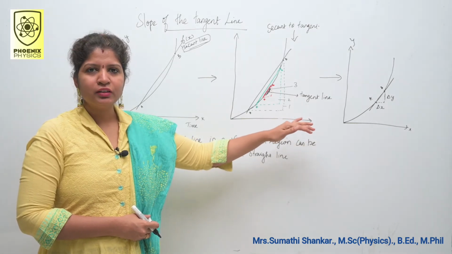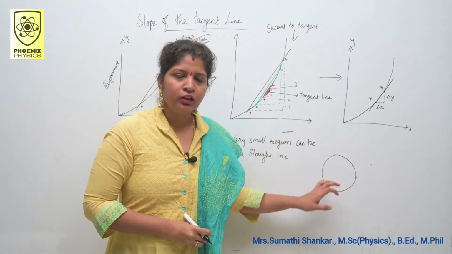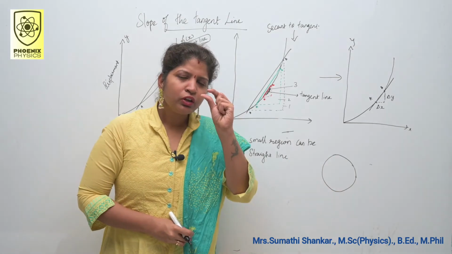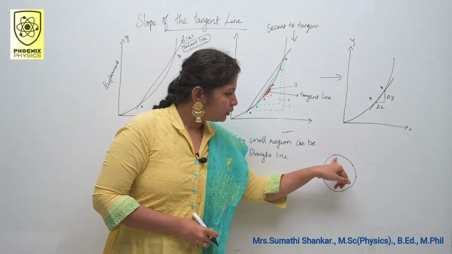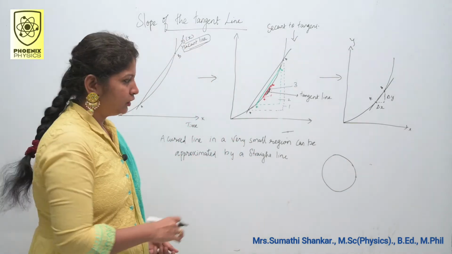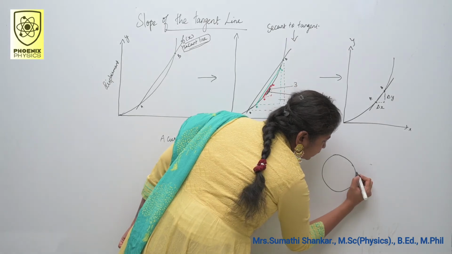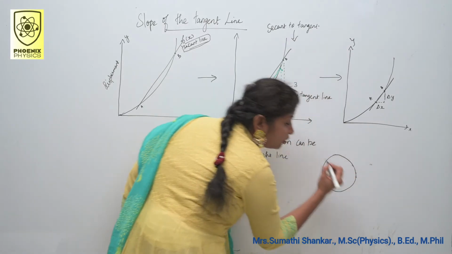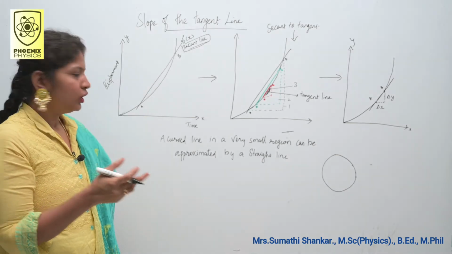For your better understanding, I will give one example. Consider a circle. You take a very small part of the circle. That part appears to be a straight line like this. So this is my small portion. In this portion, the curved shape appears to be a straight line, right?